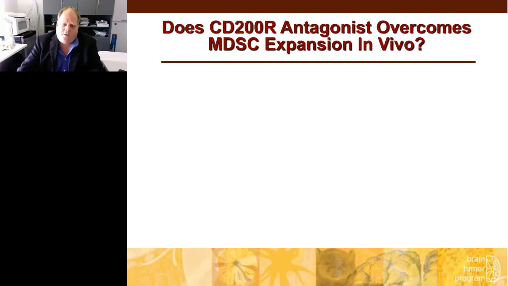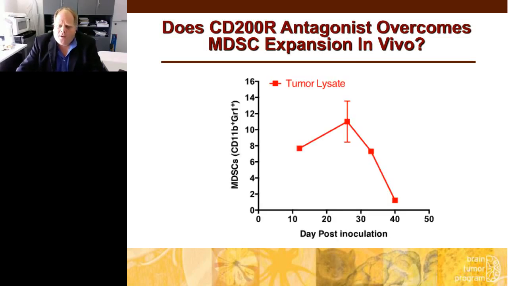So we asked if this is happening in vivo. So we took glioma-bearing mice, and we vaccinated them with tumor lysates based off their glioma cells, with or without an antagonist. And what was interesting, and we repeated this a few times, is that you get this expansion of an MDSC population about day 28.